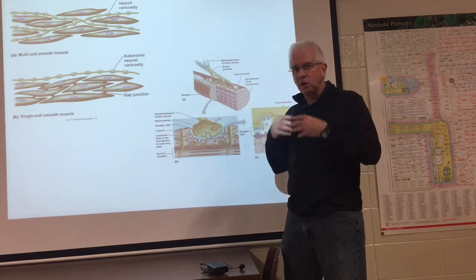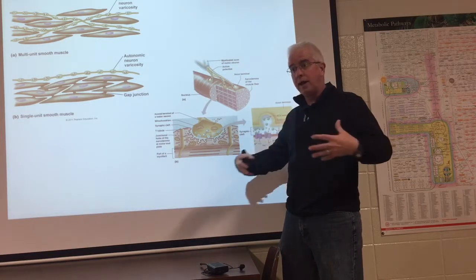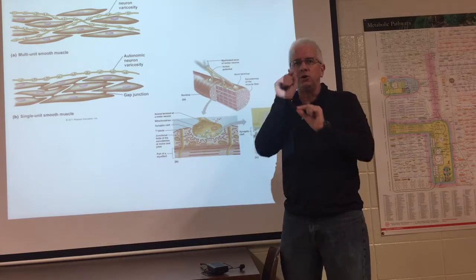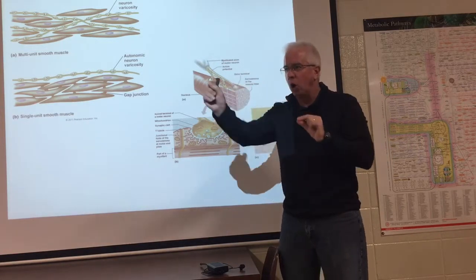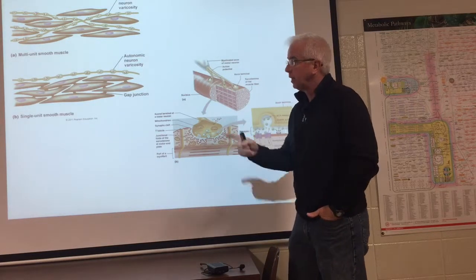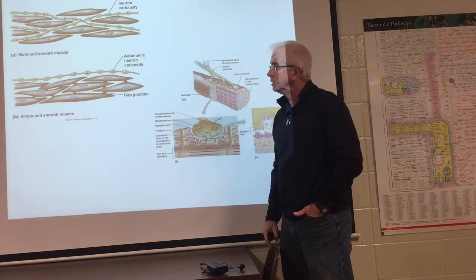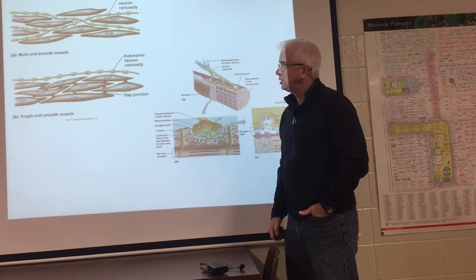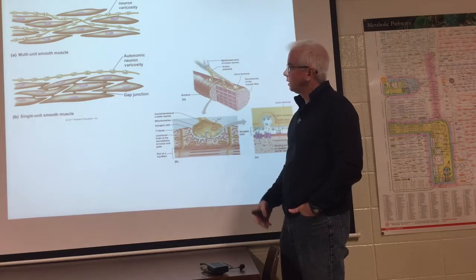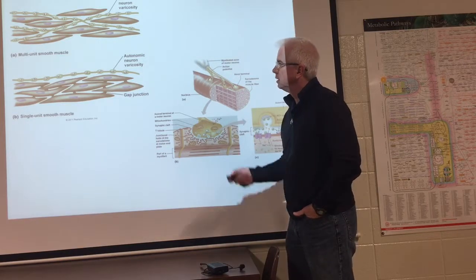All you do is start the signal in the heart and it spreads from cell to cell. You don't have to have a neuron, an innervation piece, going to each cell. So that's true in heart. That's true also in these syncytia, or singular syncytium, that exist within our digestive and respiratory systems and urogenital systems, blood vessels.